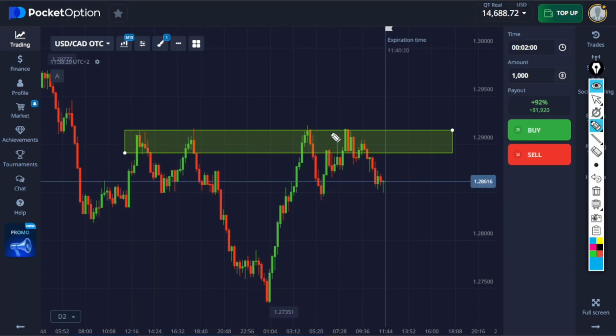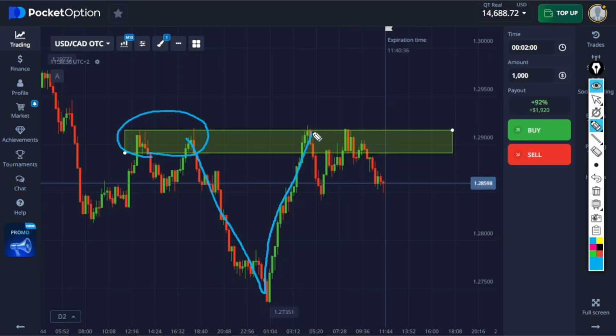So in total, we had 1, 2, 3, 4 bounces off this zone. And obviously, the first 2 bounces formed the resistance zone. Price then proceeded to drop, pushed back up into the resistance zone, rejected, and pushed back up for the 4th time. So this area right here is the area we'll be using to look for potential selling opportunities.